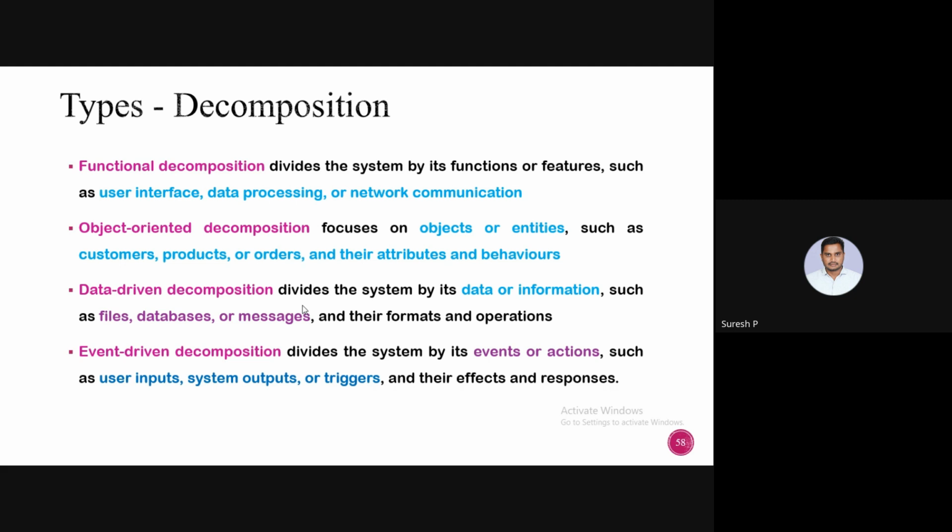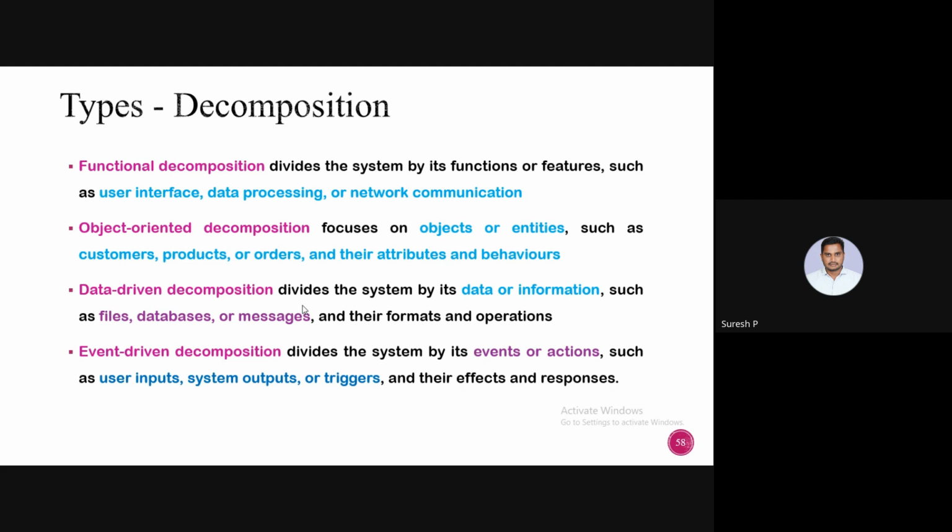So the Flipkart website will be divided into a customer unit, a product unit, and orders, and every object will have different attributes and different behaviors. For example, the customer will have attributes like name, mobile number, email ID, and address.